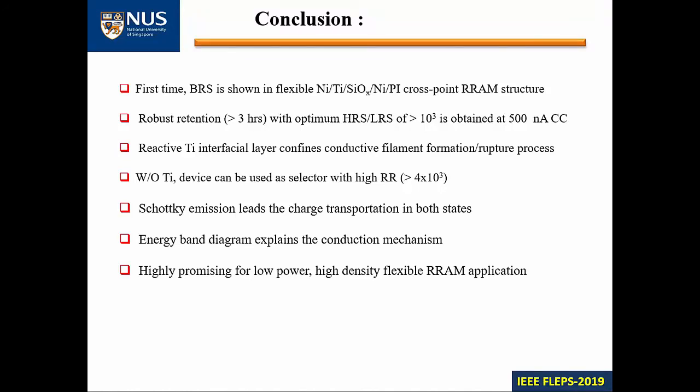Also, the reference device, without the interfacial layer, has a quite large rectifying ratio, which can be used as a selector in the 3D cross-point architecture. We also investigated the conduction mechanism in both D1 and D2, and we show that Schottky emission accounts for the LR state conduction.